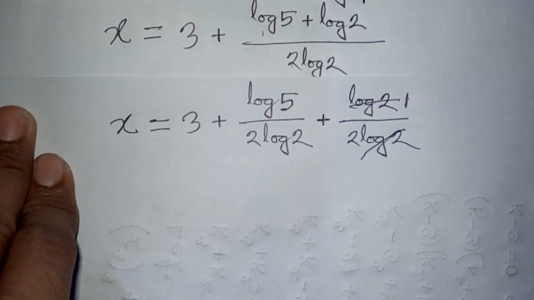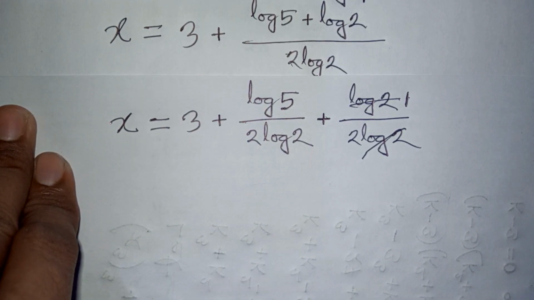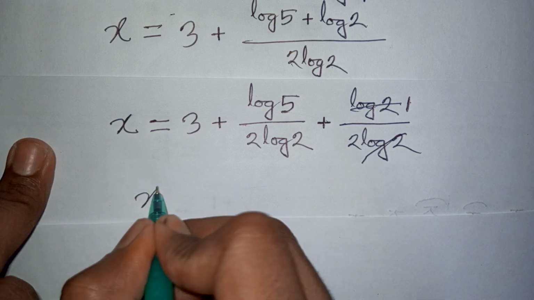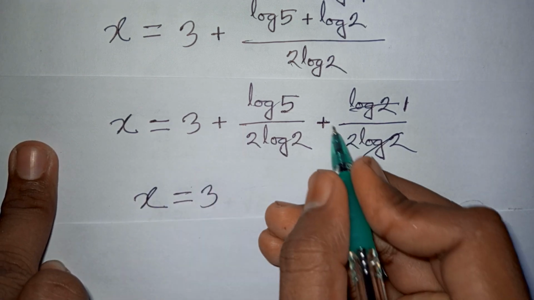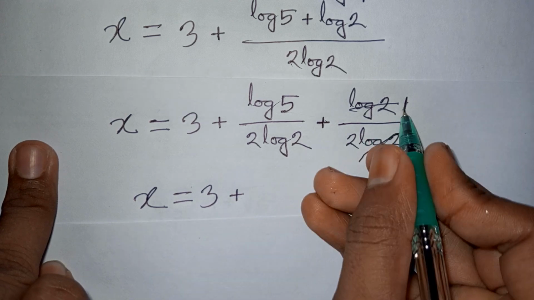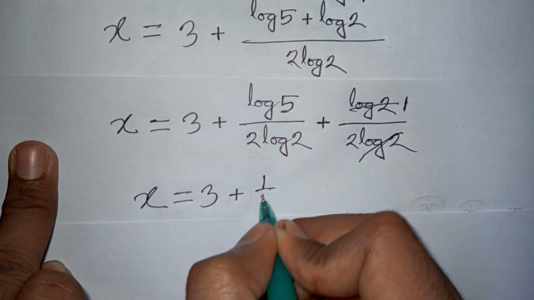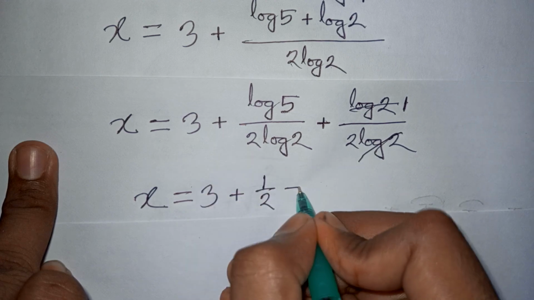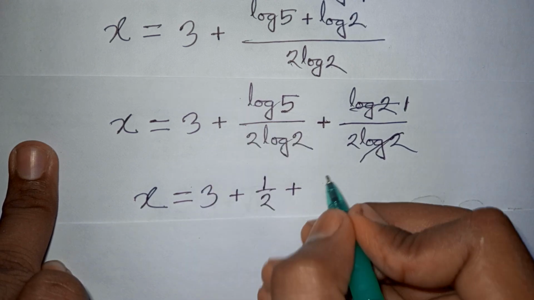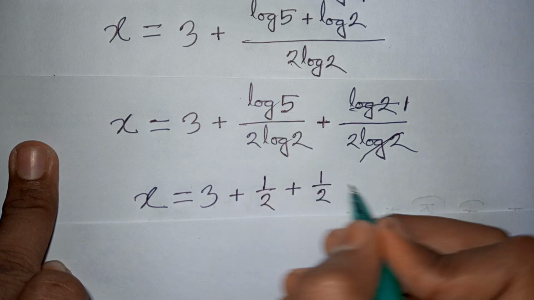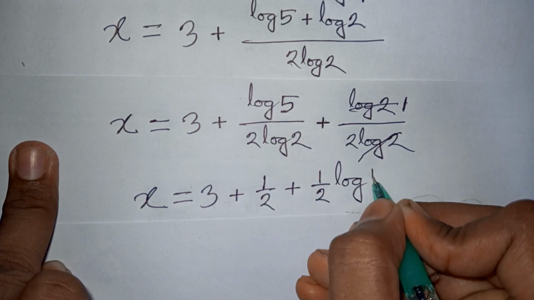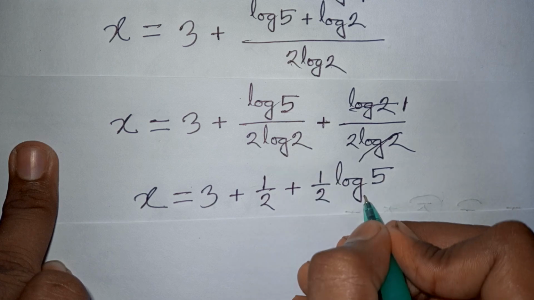In the next step, x is equal to 3 plus 1 over 2, then here plus 1 over 2, then log 5 over log 2, which is the same as log 5 base 2.